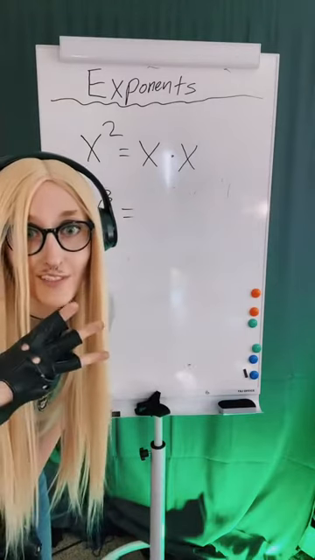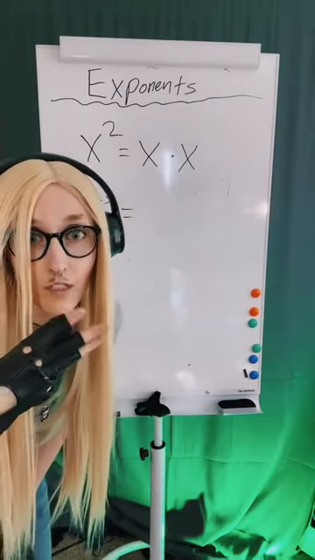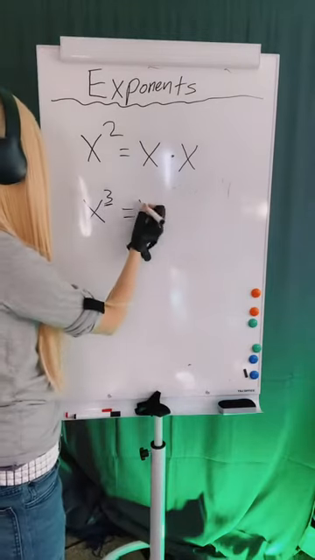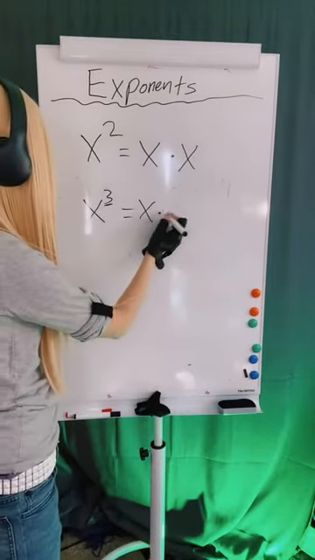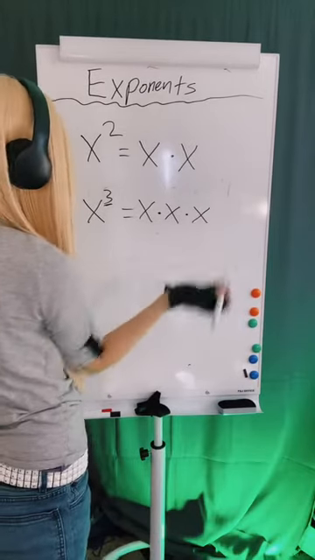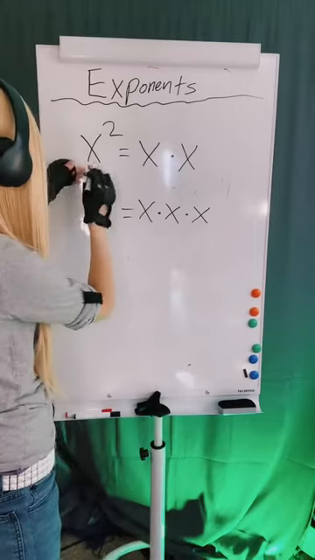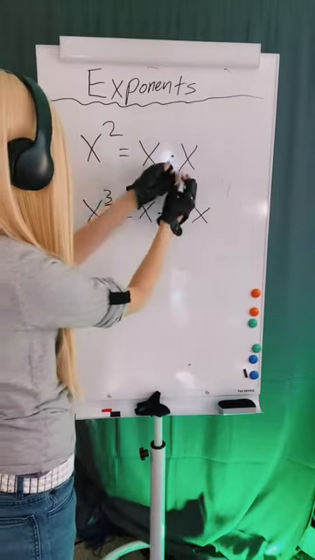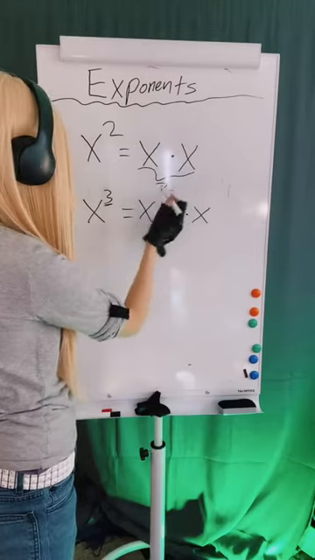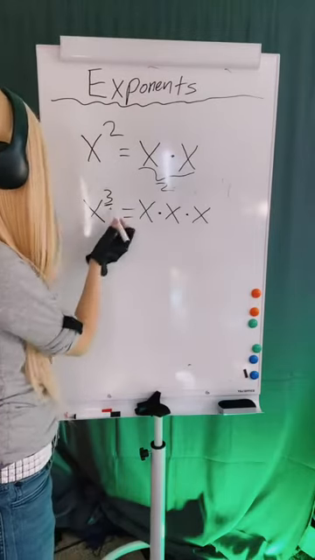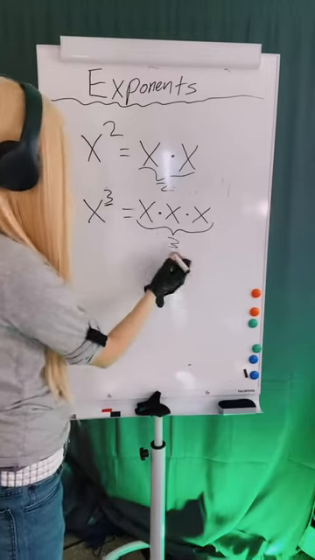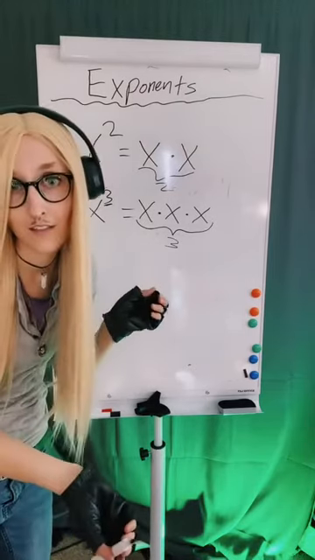This is saying I have 3 x's. X squared was just x times x. X to the third is saying I've got 3 x's.